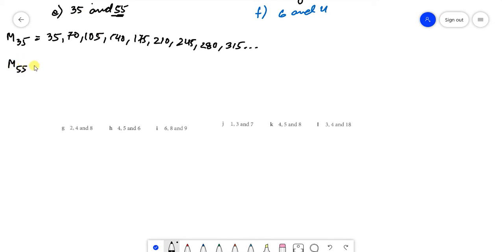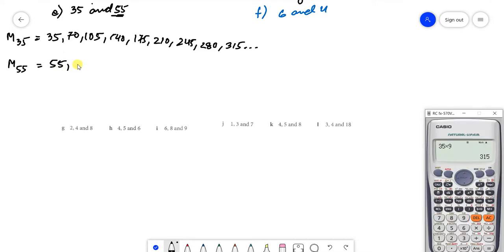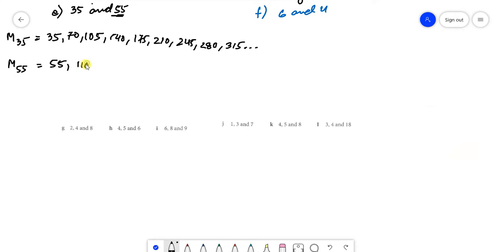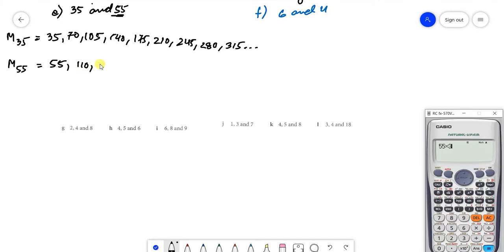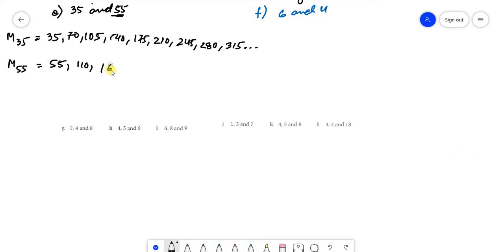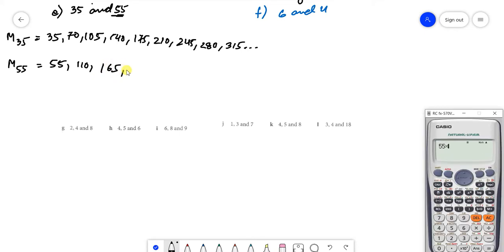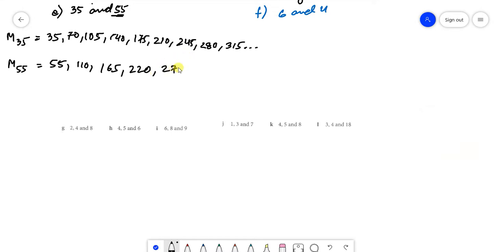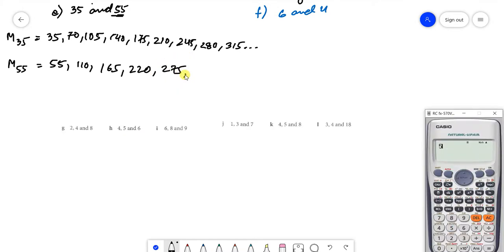So we write M55. So first one is 55 times 1 is 55. 55 times 2 is 110. 55 times 3 is 165. 55 times 4 is 220. 55 times 5 is 275. 55 times 6 is 330.